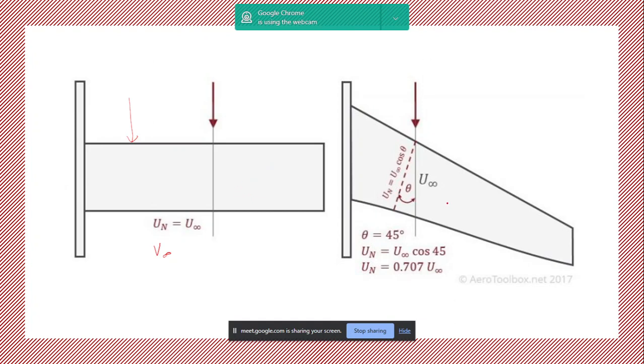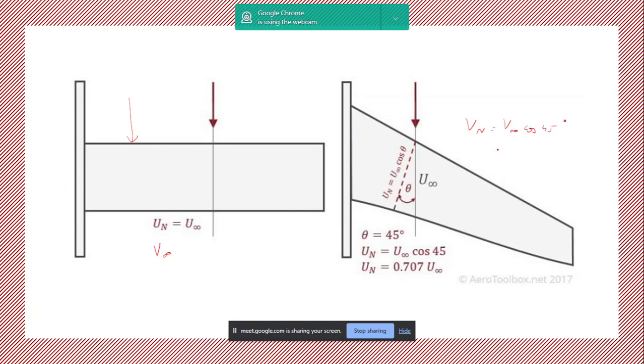When you sweep it back, at each airfoil cross section, the normal velocity component is changed. So here you have a sweep angle of say 45 degrees. The normal component Vn is V infinity cos 45.